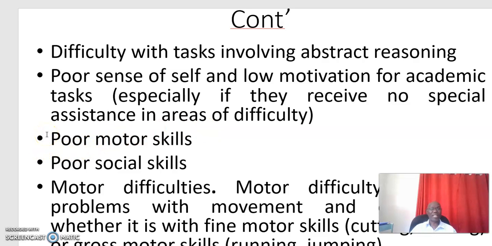These students with learning disabilities also have poor social skills, and they also have motor difficulties. That is to say, the motor difficulty refers to problems with movement and coordination, whether it is with fine motor skills, such as cutting and writing, or gross motor skills, such as running and jumping.